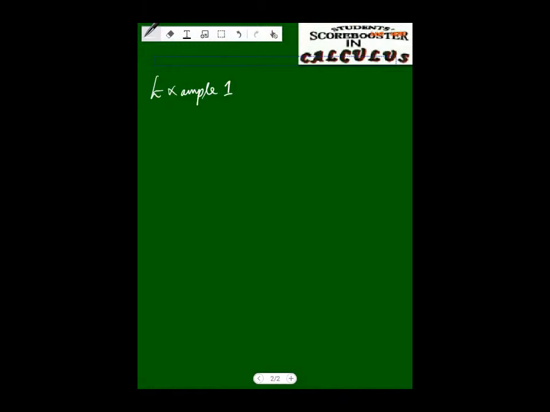The question is, 1998 JAMB UME. It goes thus: evaluate the integral from 0 to pi over 4 of sine x minus cos x dx.